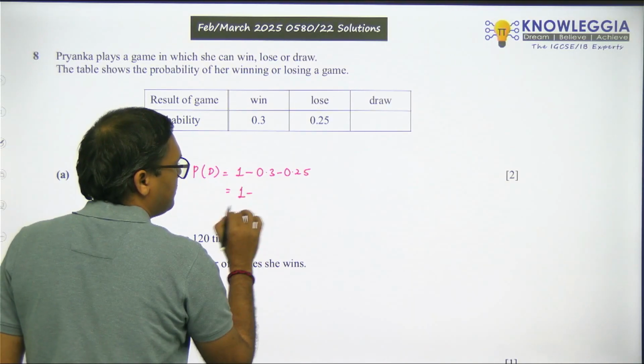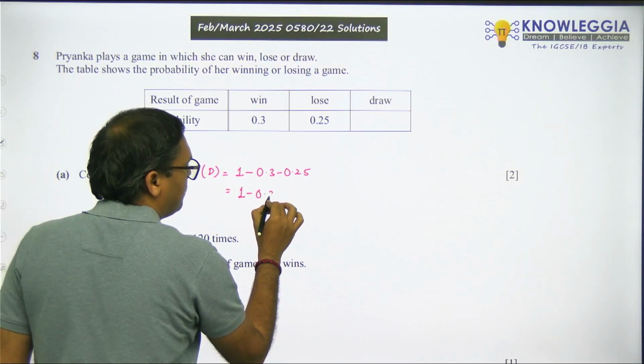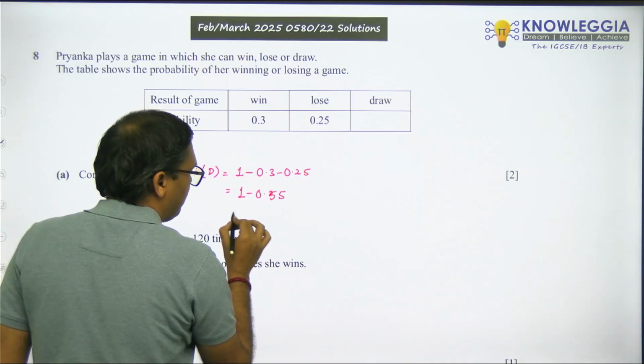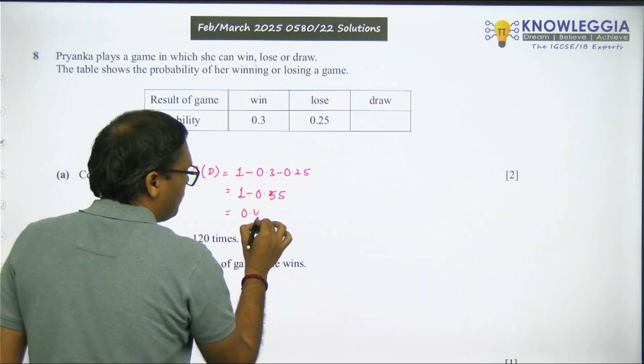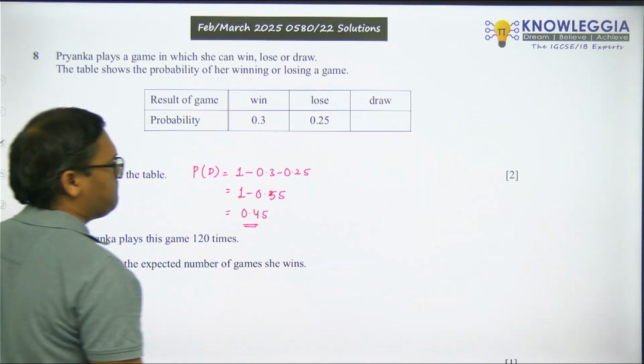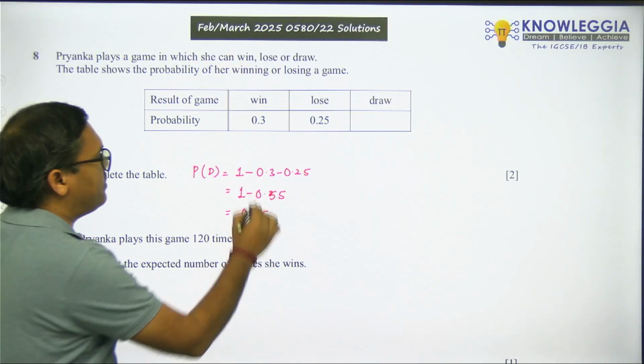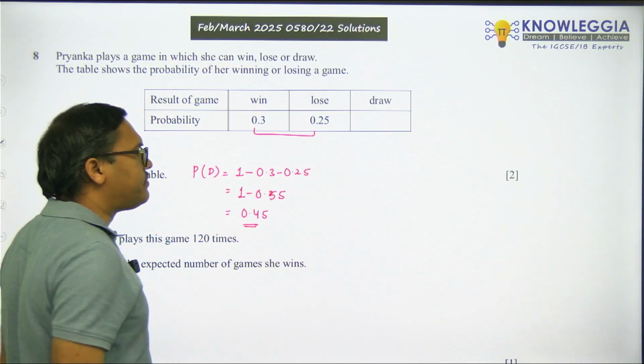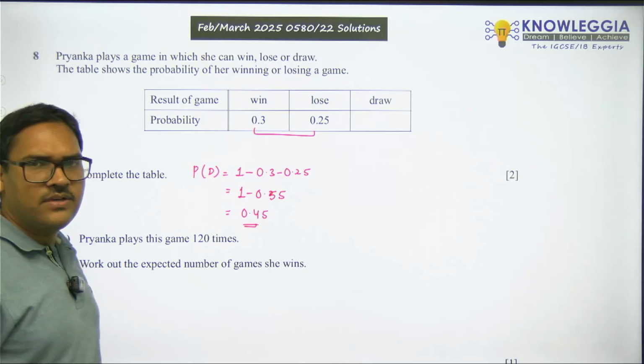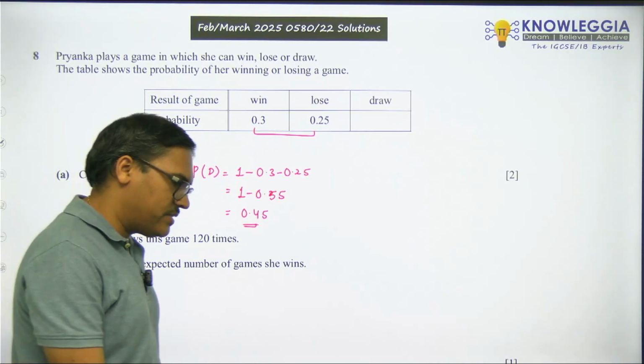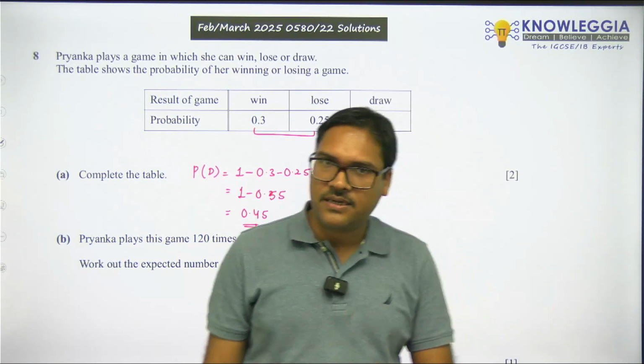Basically, this is 1 minus 0.55, which is 0.45. Get it? You can add this. This is 0.55. So 1 minus 0.55 will give you 0.45. So first answer is 0.45. That is the correct answer.